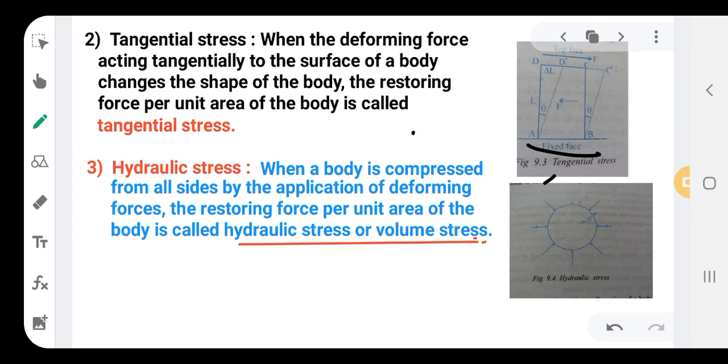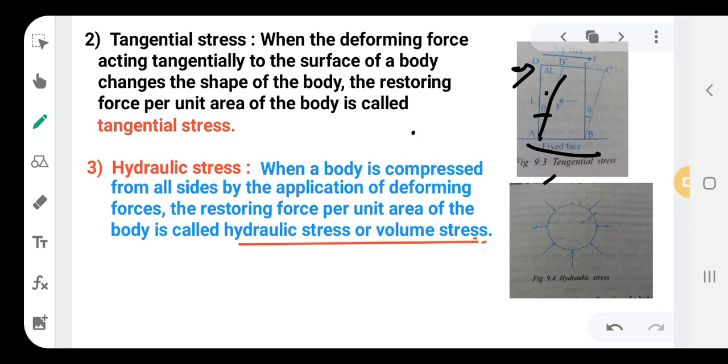When you apply the force only on the upper part of the body, there will be a shift in the angle of the body. Okay, so this is known as the tangential stress, and theta is the change in the angle, and delta L is the change in the length relative to the original length.